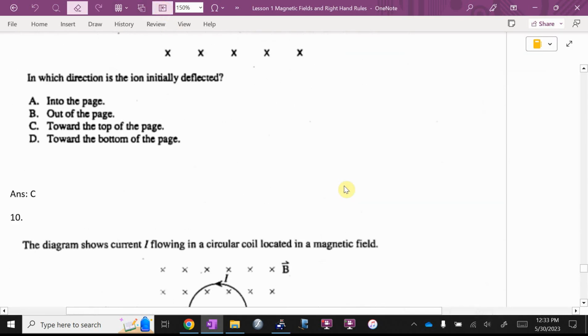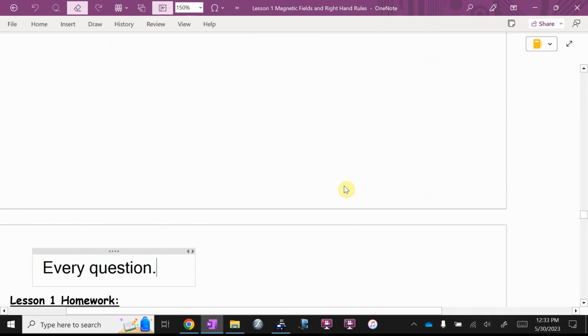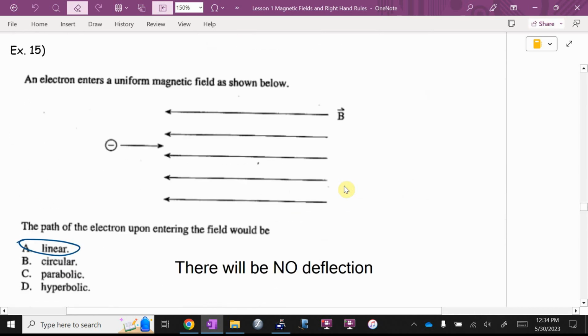What is it? Sine of 0 is 0. That's why this question from yesterday, I said there's not going to be any deflection. The force on that electron would be QVB sine theta, but theta is 0 degrees. If the charge and the magnetic field are parallel, no force.